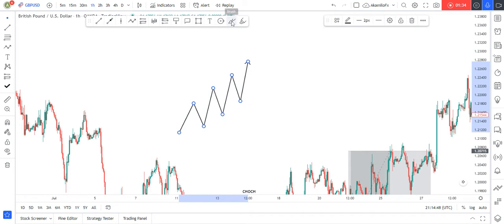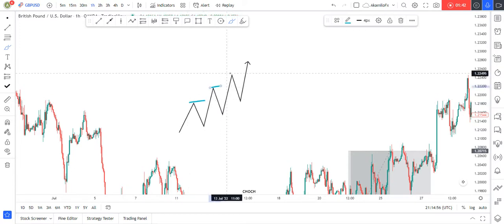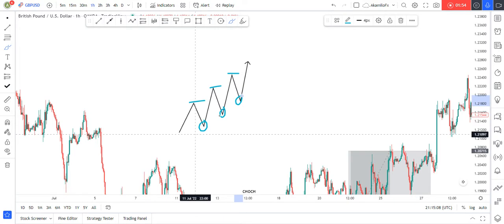In an uptrend, price always clears the higher highs and respects the higher lows. That indicates an uptrend. So these higher lows are our strong lows.